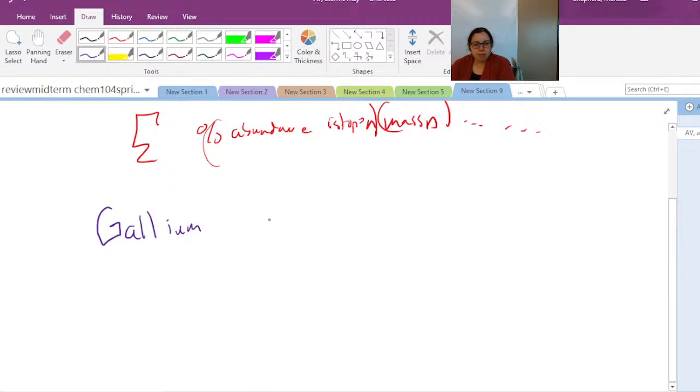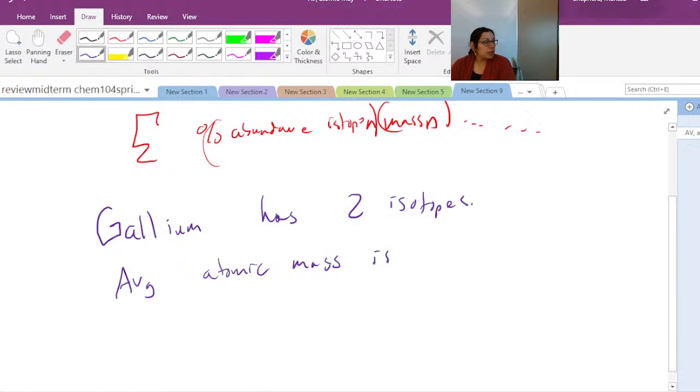So gallium has 2 isotopes, and our average atomic mass is 69.723 AMU.